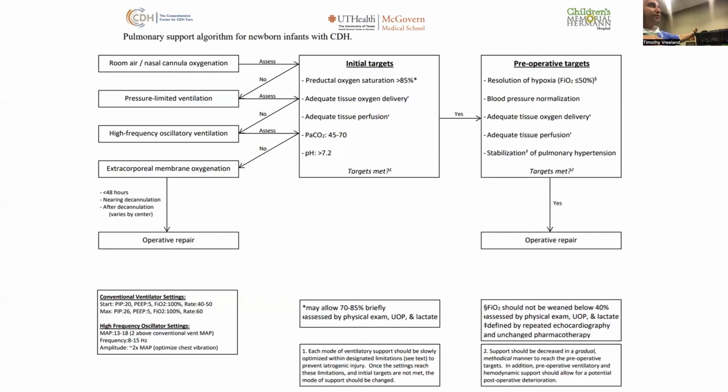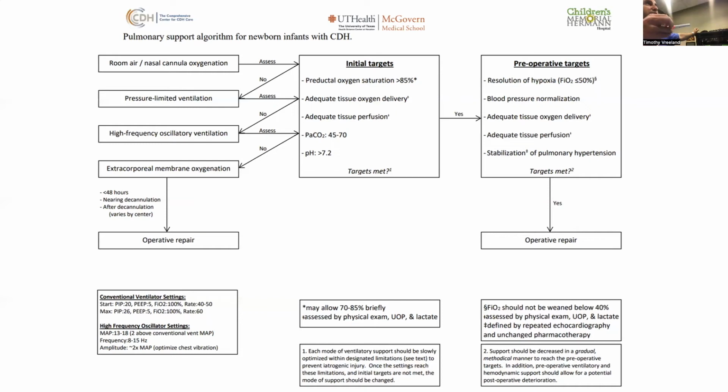If you meet all those goals and we're trucking along and we've got a good echo, maybe we see some pulmonary hypertension on our initial echo, the next day we'll get another echo. If the pulmonary hypertension is stable or better, based on a couple of different measures, then we can go ahead and do our operative repair.